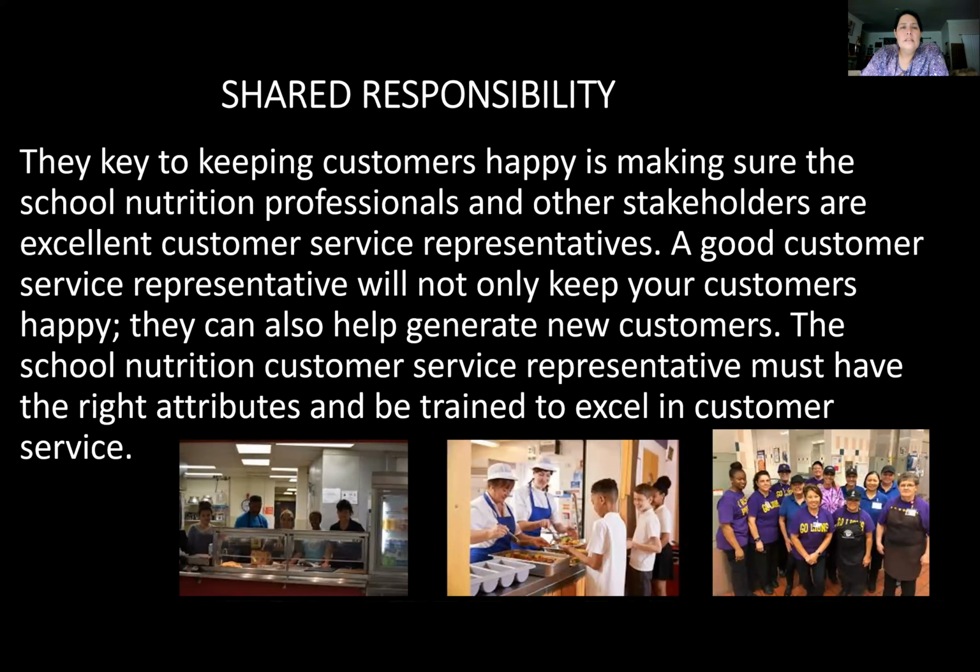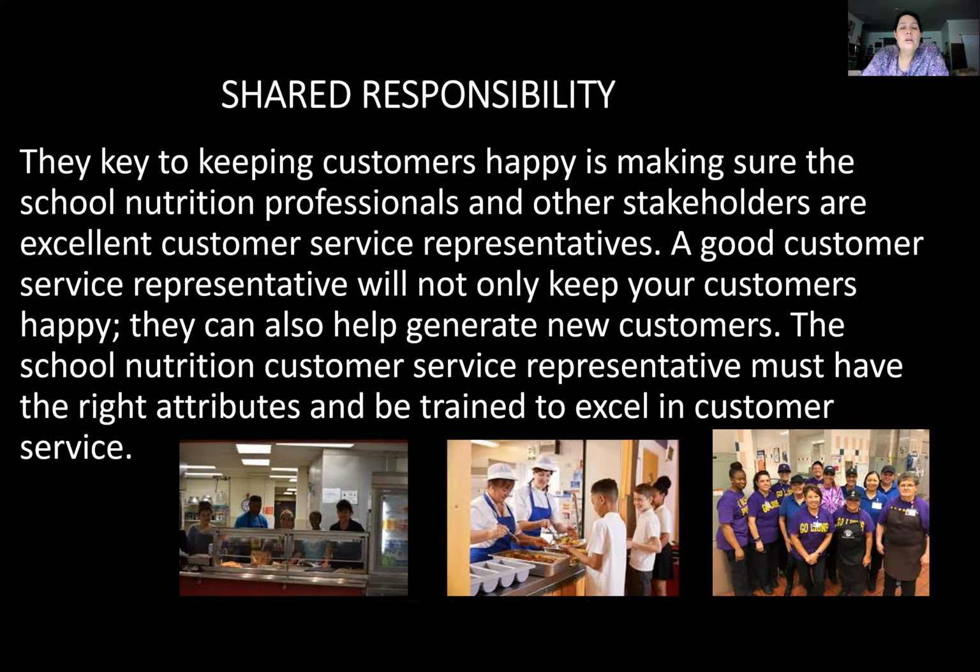This job, it's a shared responsibility. The key to keeping customers happy is making sure that the school nutrition professionals and other stakeholders are excellent customer service representatives. Not just good, but excellent. A good customer service representative would not only keep your customers happy, they can also help generate new customers, because with your attitude, they all want to come and they all want to go through your lines.